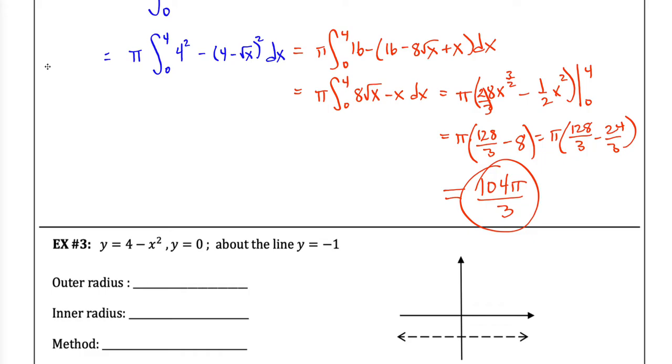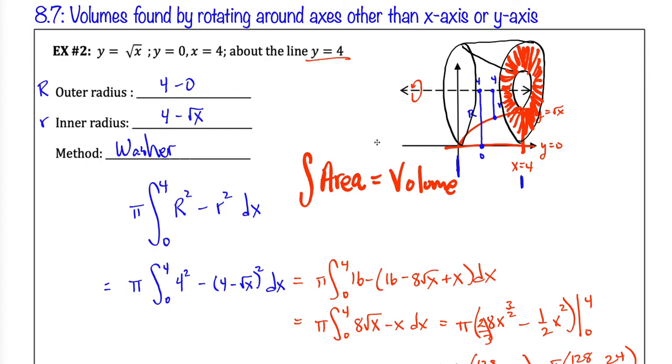Does anybody want to ask me any questions on anything I wrote up there? I might have written something way too sloppy for you to read. Why do we always use pi again? It's a circle. So the cross section is a circle, and we are finding the area of the circle. By integrating the area of the circle, it adds up all of the areas to find the volume.